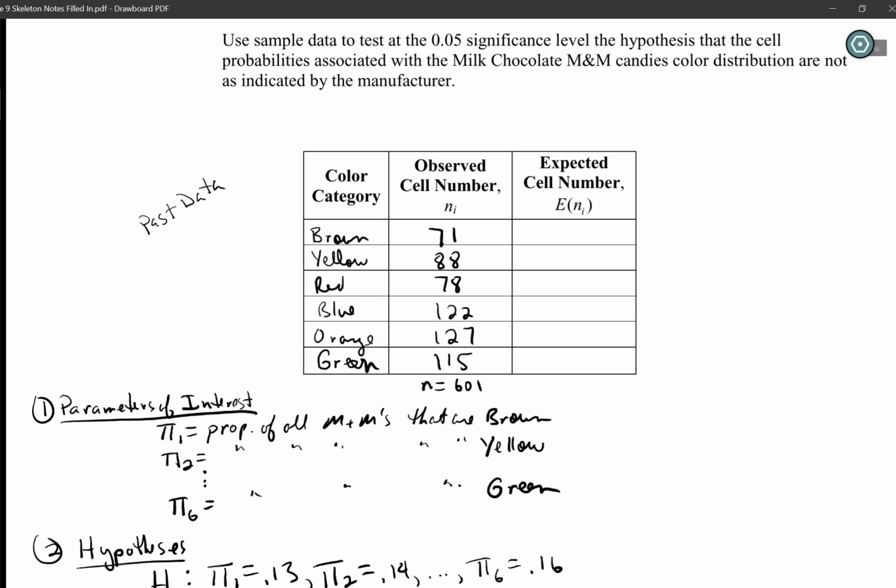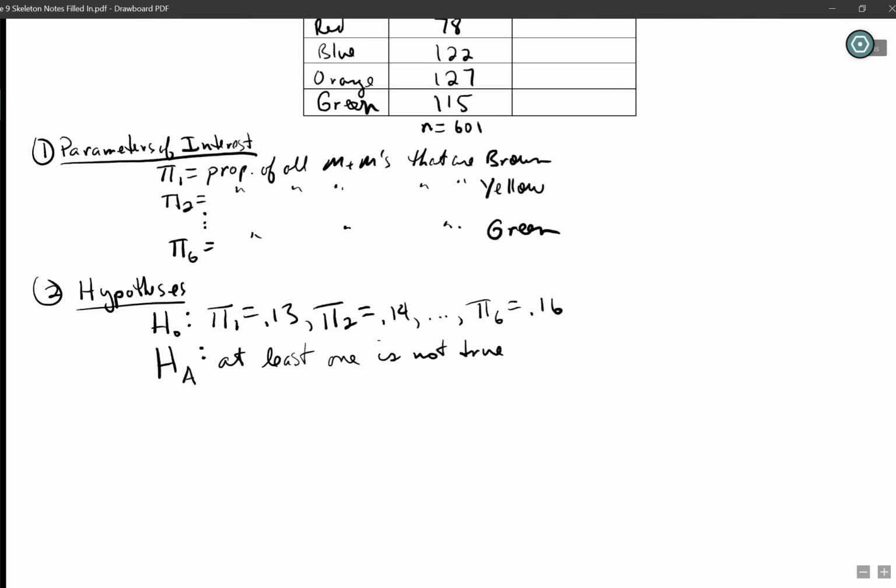The expected cell count, how do we get that? Let's look at this first entry here, the expected value of N1. It's the expectation under the null hypothesis, so it's N times pi 1 naught. Under the null hypothesis, we would expect to see 601 times, what was pi 1 naught? That was 13%.